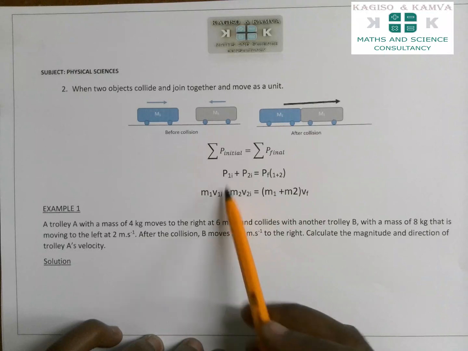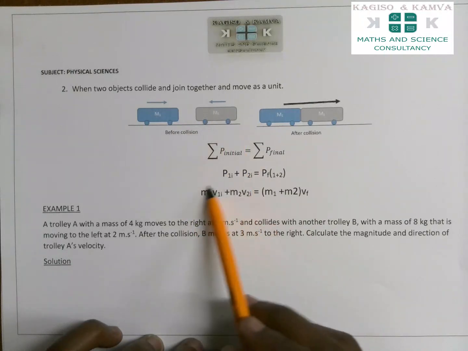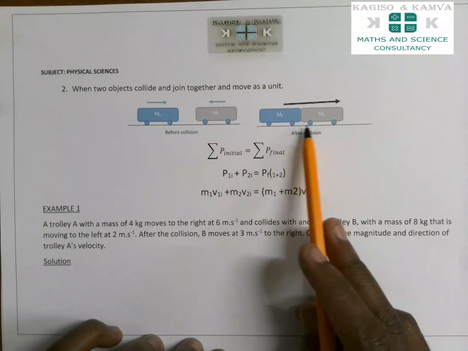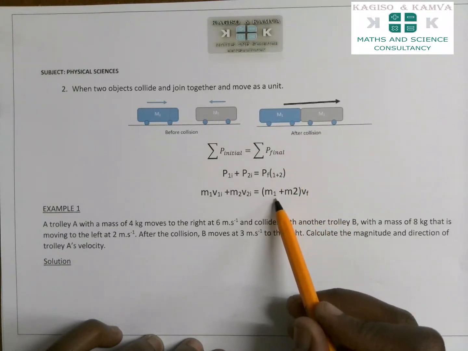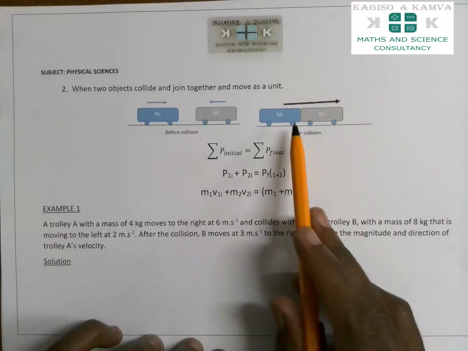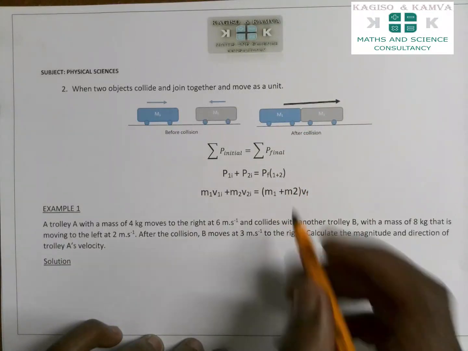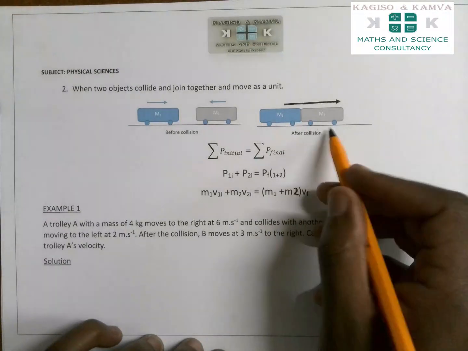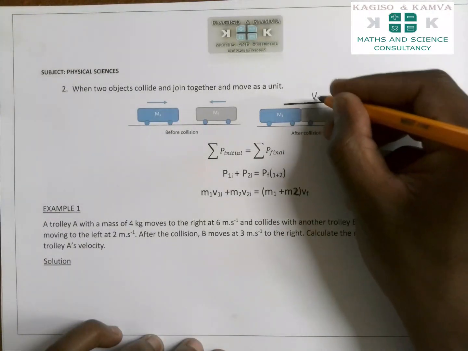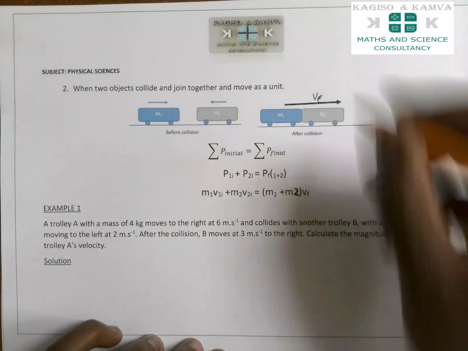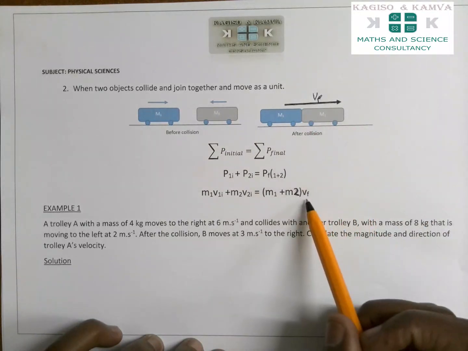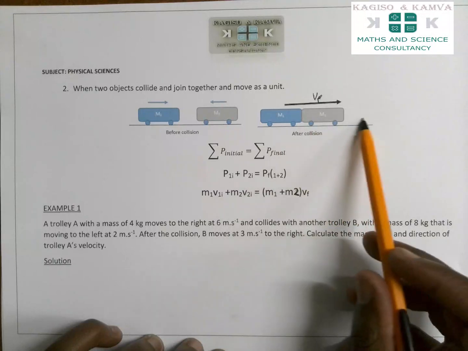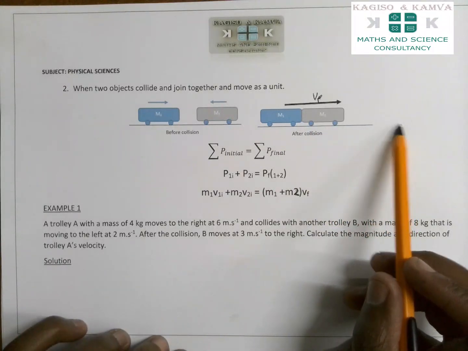That is the momentum of 1 and 2 added together initially, and now that the two objects have joined together, that will be the mass of 1 plus the mass of 2, and they've got what? They've got a common velocity. Okay, so hence we say it's Vf, because they are moving as a unit.